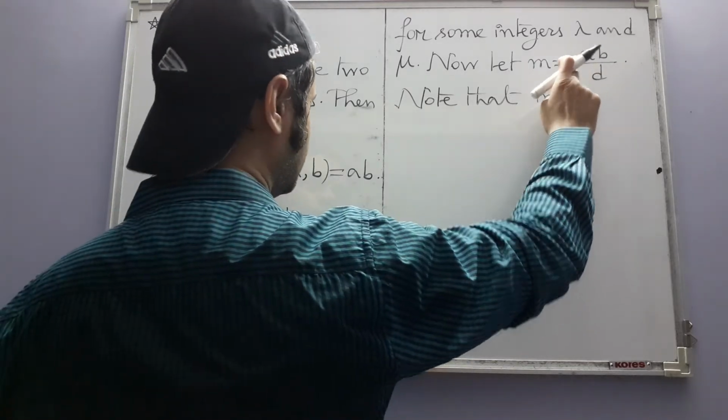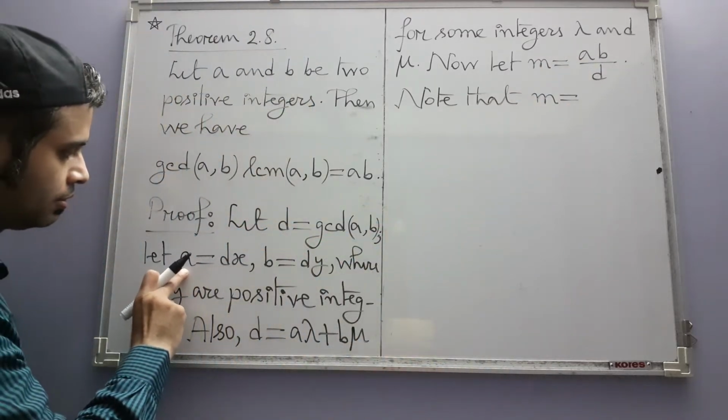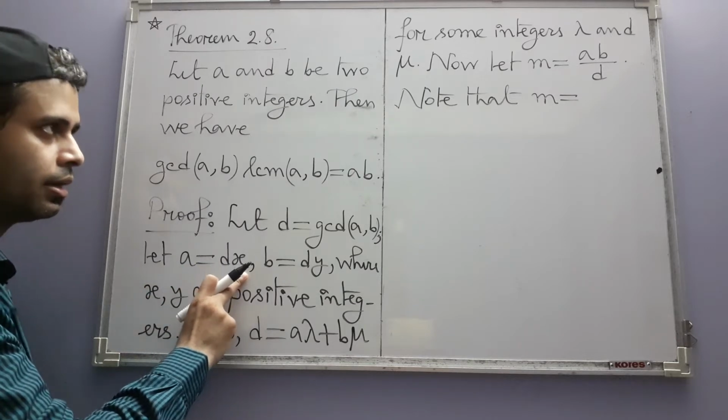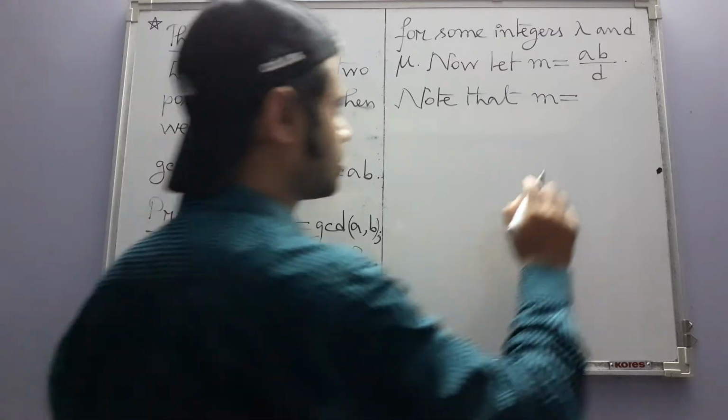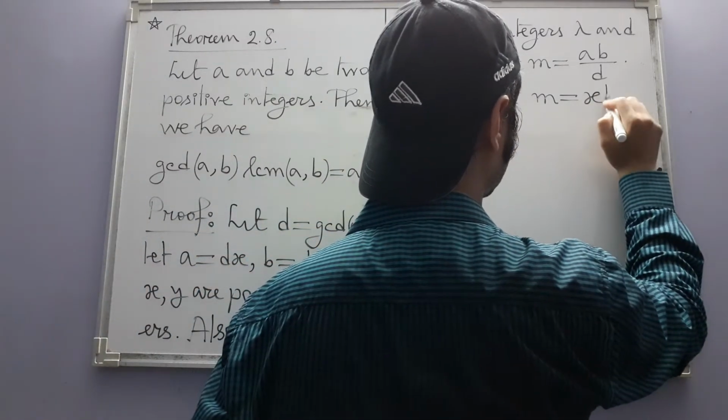Note one thing from here, A is dx, so A divided by d would be x, so that means m is xb.